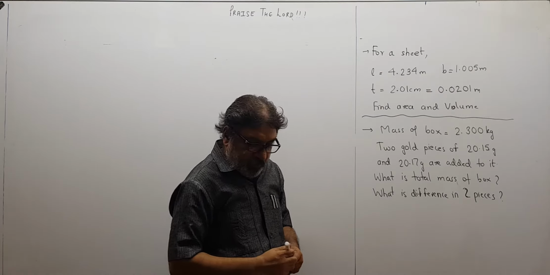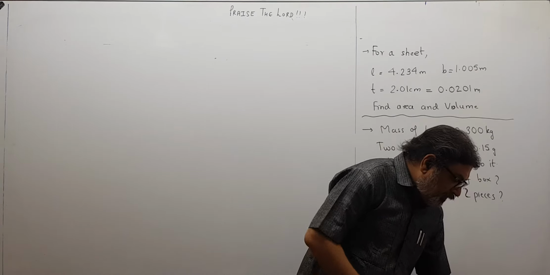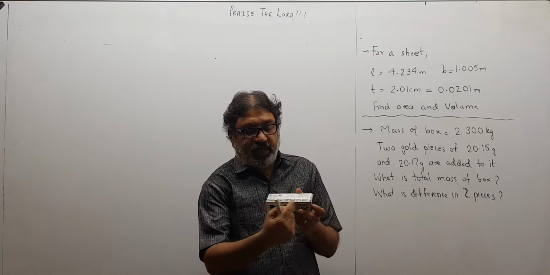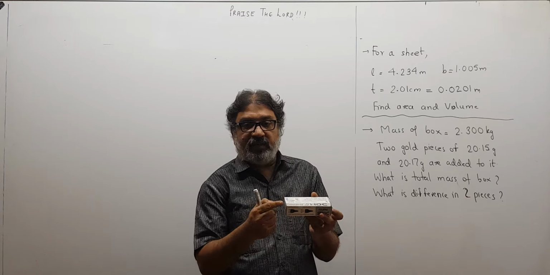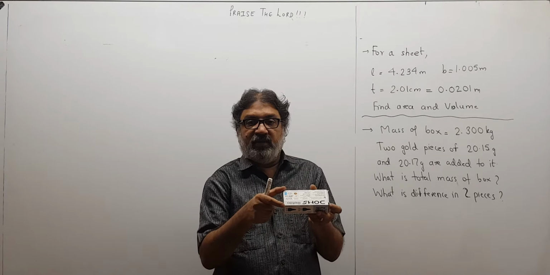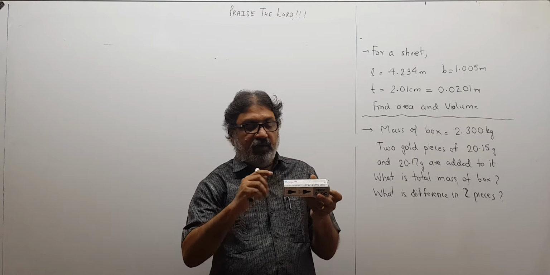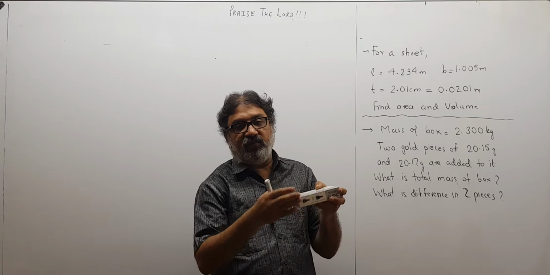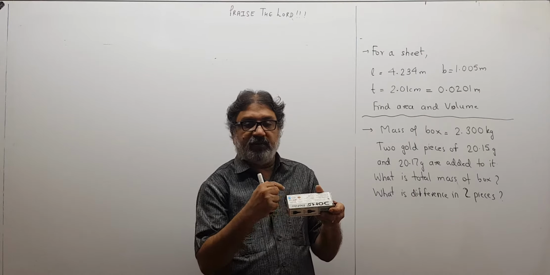See children, what will be the area? I will show you an object. See, supposing this is a rectangular sheet. This is the length, this is the breadth, and this is the thickness. If I want the area of the sheet, two sides, these two sides are of equal area, length into breadth.